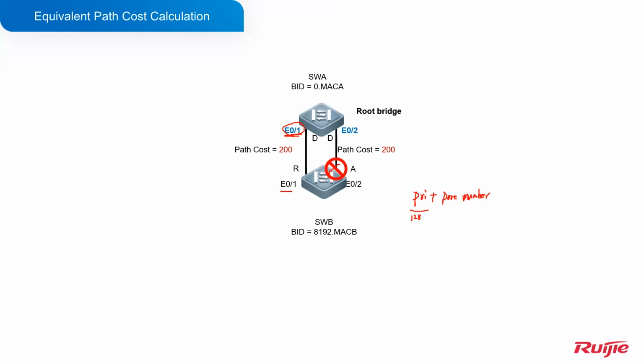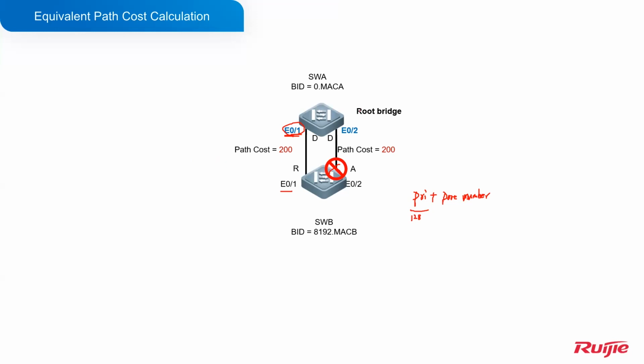There is a statement that says all the ports on the root bridge are designated ports. Do you think it's true or false? Actually, it's false, because there are some special scenarios.